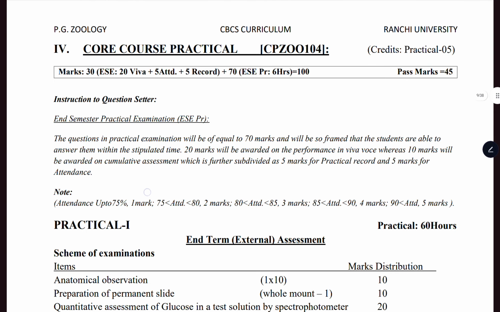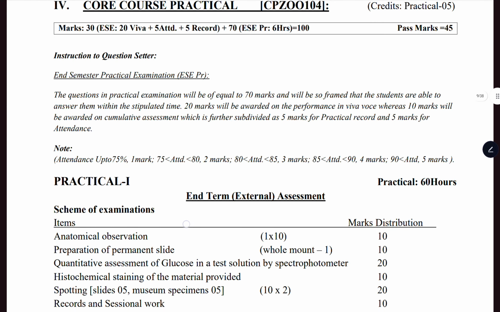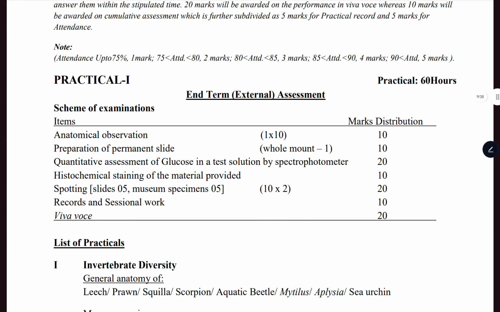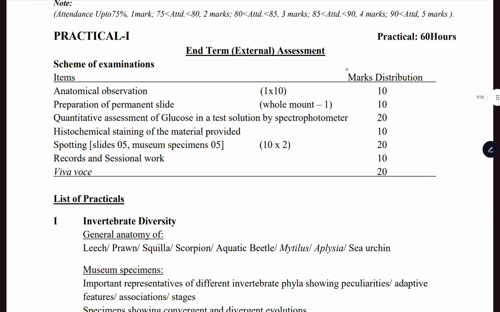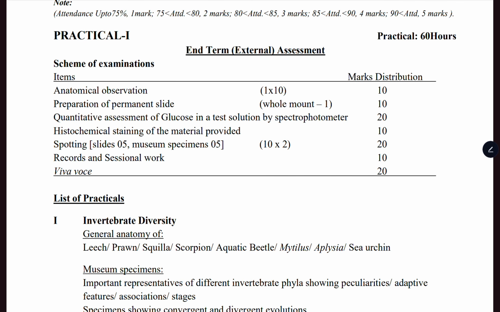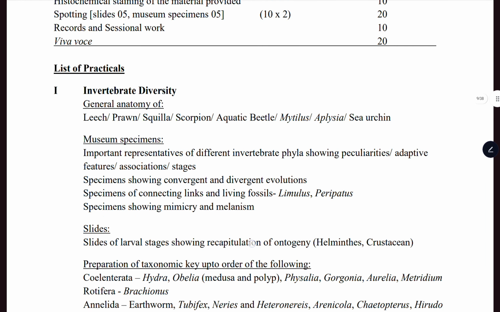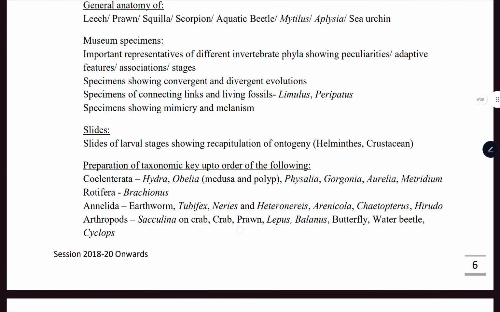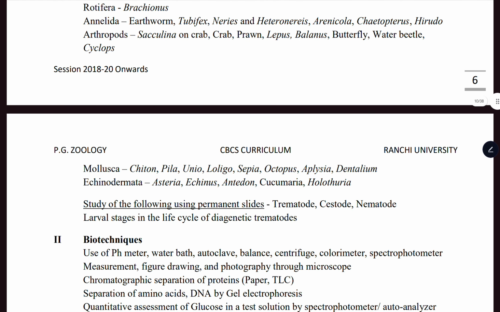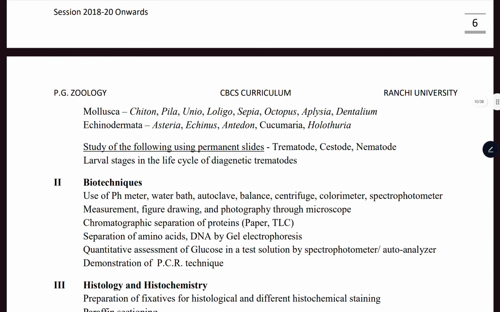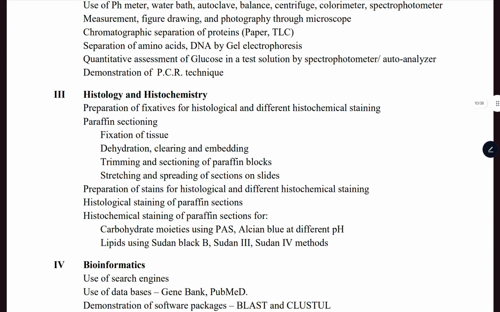You can see in the pattern the passing mark is 45 marks, and all these questions you will have to attempt, this 1 2 3 4 5, and record and sectional work is of 10 marks and viva is 20 marks. And you can see the syllabus, and you can prepare your practical file according to the syllabus.